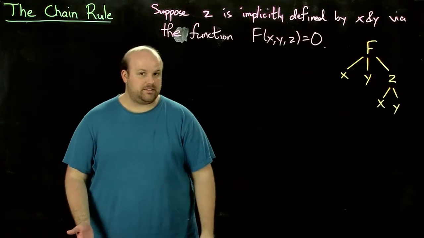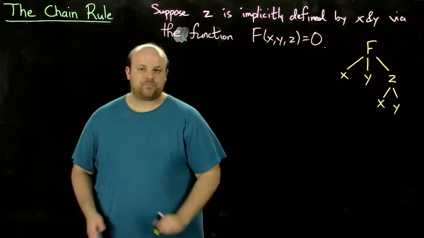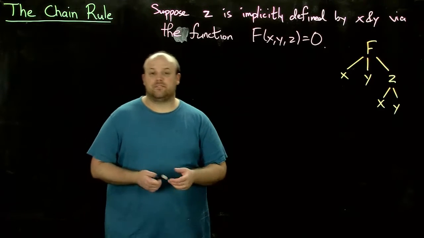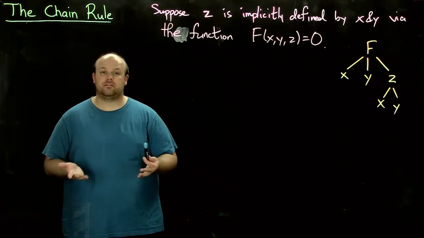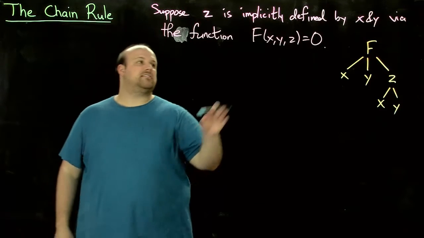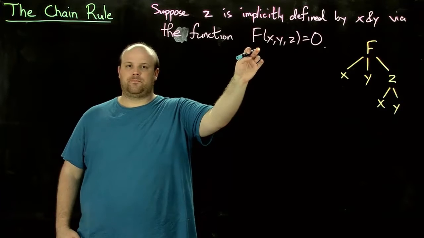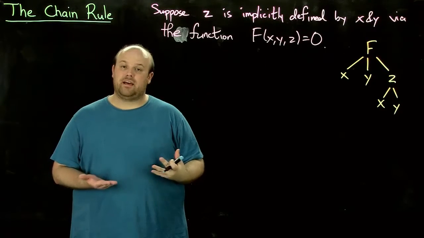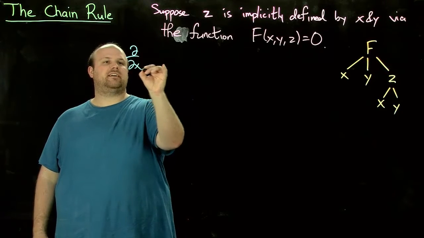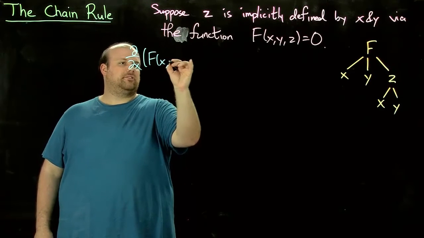So how do we do that, you might ask? Well, it's pretty much the same principle we used in the earlier video when we were computing implicit derivatives. We want to take the derivative of this equation here. So let's do d dx of this equation.